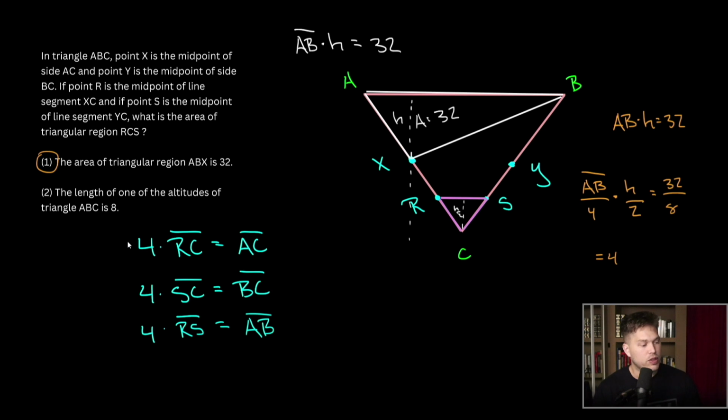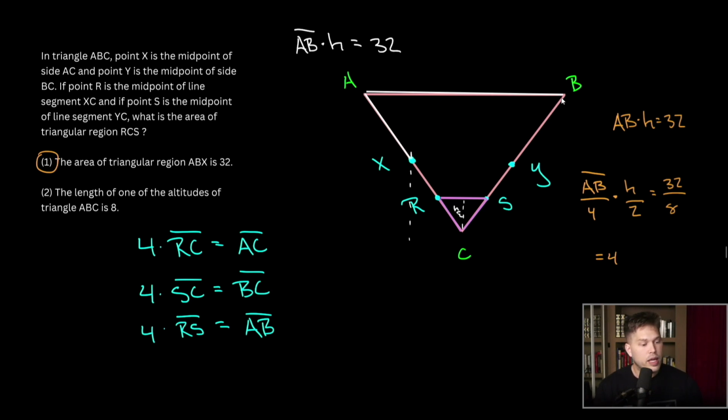Let's look at statement 2. The length of one of the altitudes of triangle ABC is 8. All right, so let's clean this up just a tiny bit, and let's think about this part of the problem. If we're given one of the altitudes, could we determine anything?